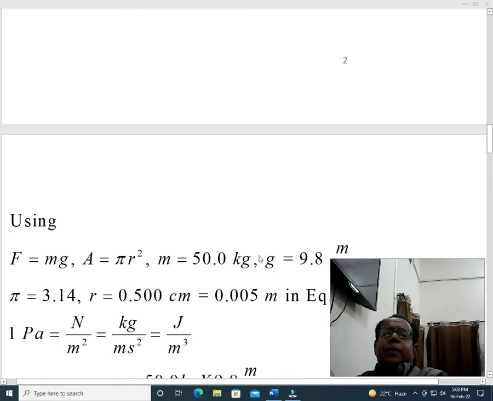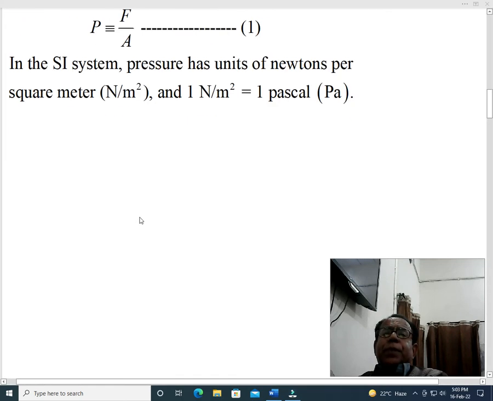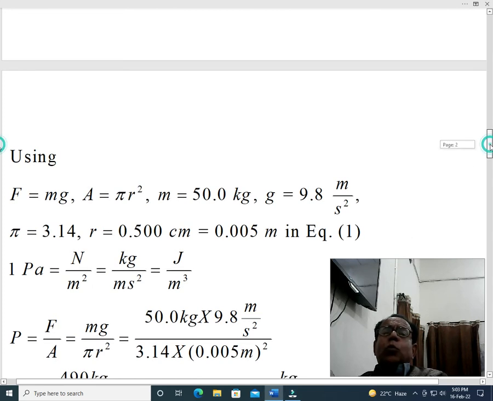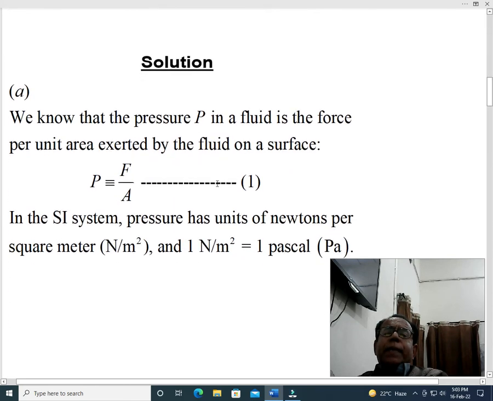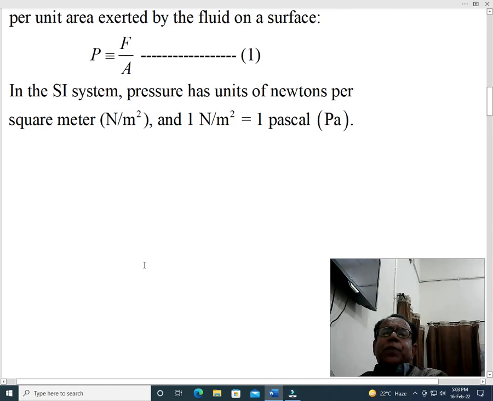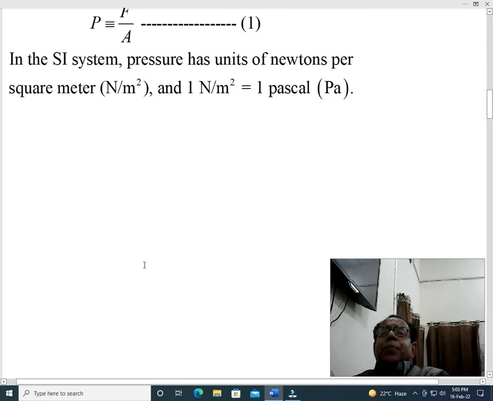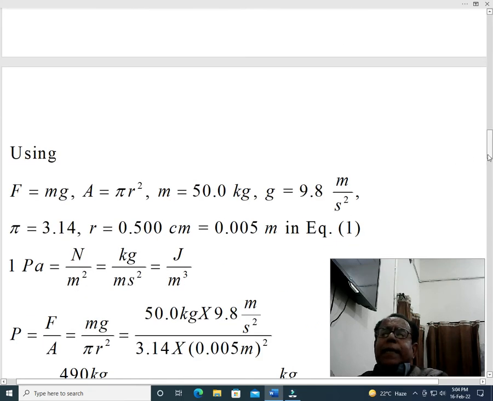Dear students, in place of F, according to Newton's second law of motion, we will use F equal to mg. And in place of A, we will use the formula for area, A equal to pi r squared. The formula for area varies according to different geometrical shapes.